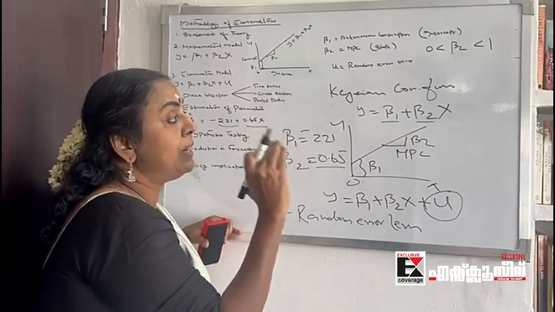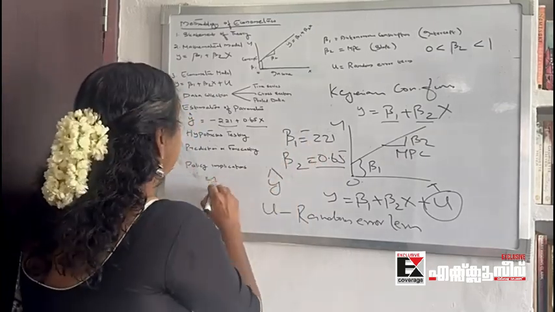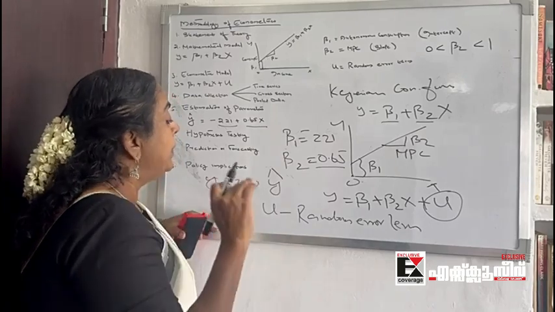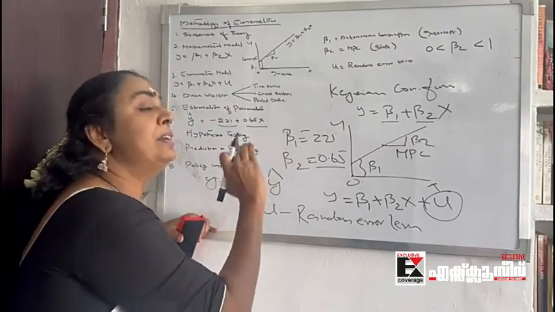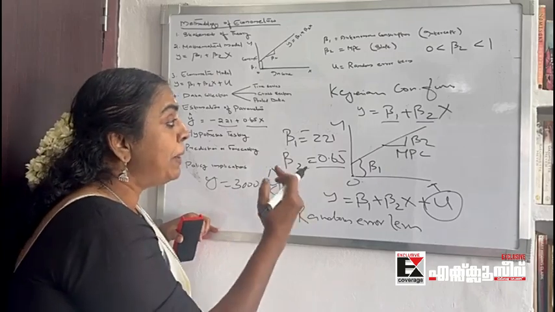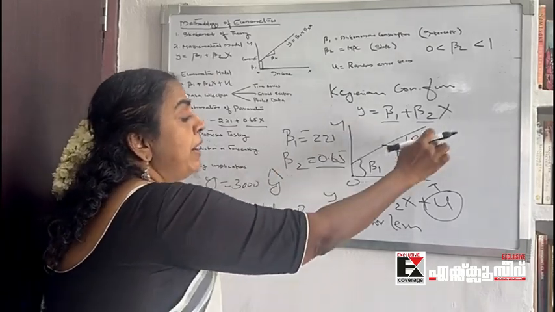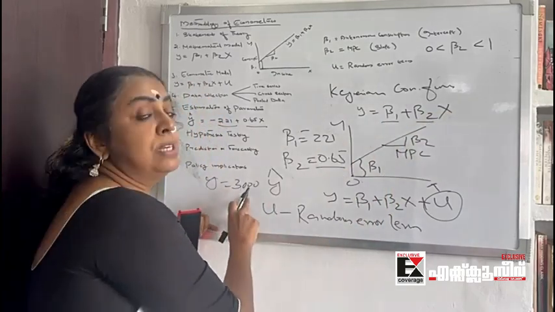Suppose we say that if the consumption expenditure is 3,000, it can reduce unemployment. That is, if the expenditure increases to 3,000, it can reduce unemployment. So by applying this value of y in the equation, you can find out the targeted level of income which will help you achieve this consumption expenditure.